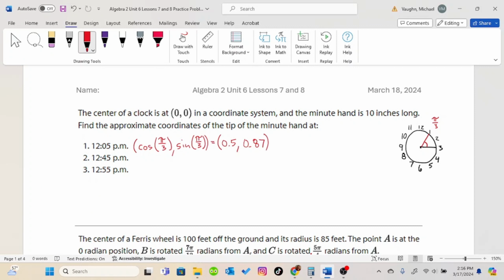But when we're doing it this way, we're thinking about a unit circle. And on a unit circle, the radius is always 1. But now we know that the minute hand is 10 inches long. So now what we need to do is actually take these and multiply them by 10.